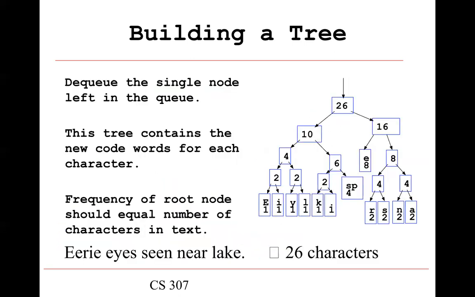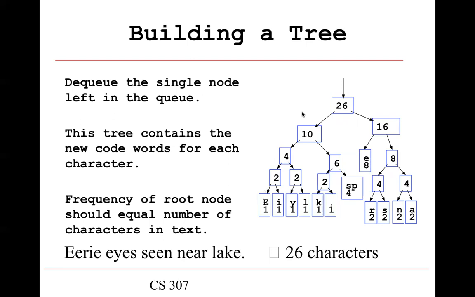Okay, now we can generate the encoding table from this Huffman tree. For example, what's the new encoding of this uppercase E? Let's see how we can get to this node from the root node. We go left, left, left, left.